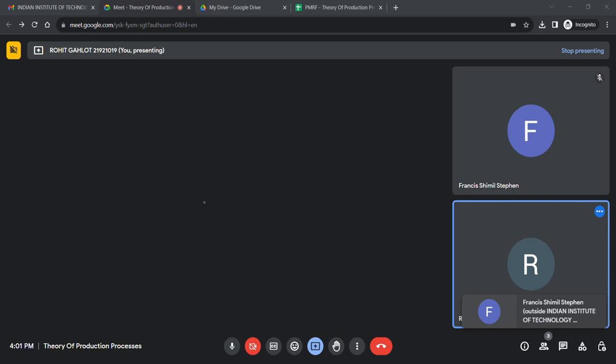Then coming to the side riser and the top riser. For the side riser, the area is generally written as this. And generally, the height is taken as 2 times the radius for the side riser.